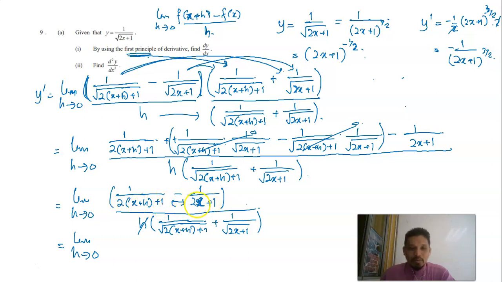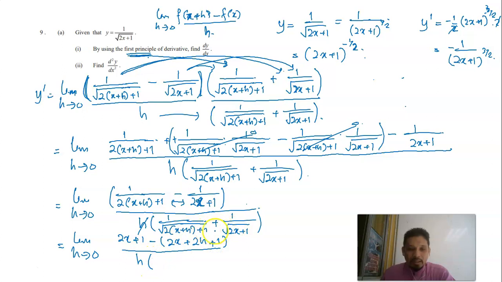So we also call it a cross multiply. 2x plus 1 multiplied with 1, 2x plus 1, minus 1 multiplied with this, 2x plus 2h plus 1, and everything divided by h.